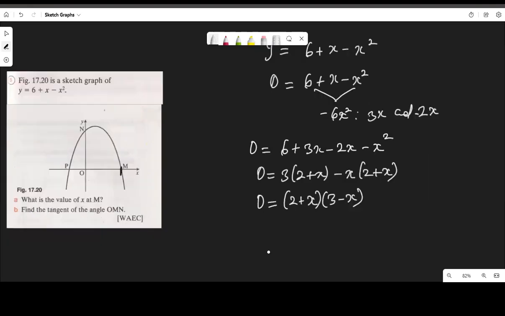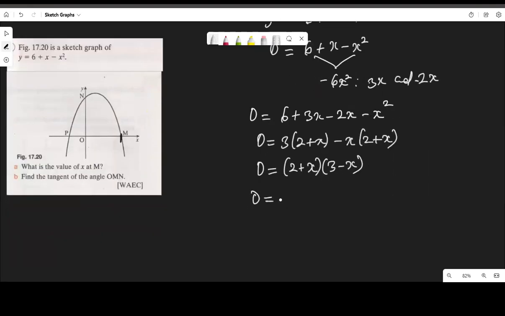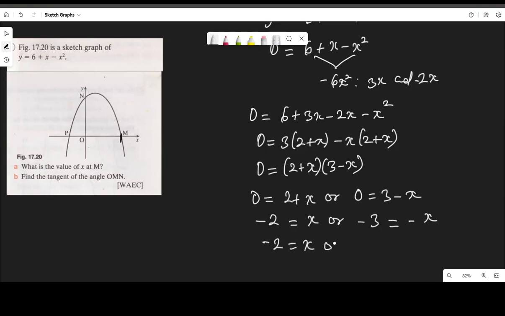Meaning 0 is equal to 2 plus x or 0 is equal to 3 minus x. If I move this 2 here, it becomes minus 2 equal to x, or minus 3 equal to minus x. So minus 2 equal to x or, minus cancel minus, 3 equal to x.